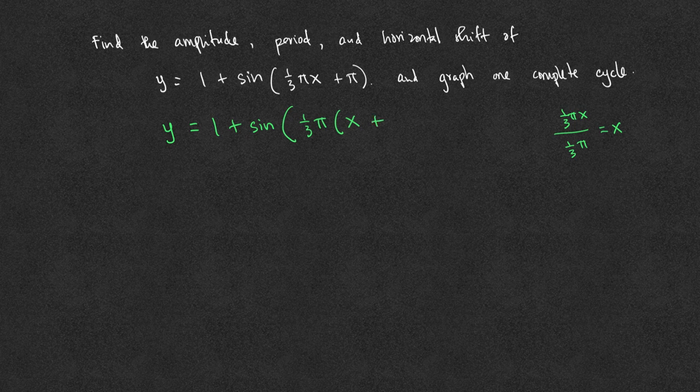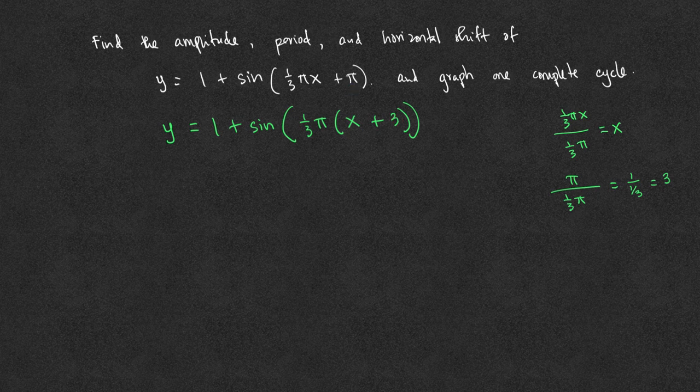Plus, if it was pi and we factor out 1/3 pi, the pi and the pi cancel out, and we end up with 1 over 1/3, which is 3, and so this is plus 3. Close the parentheses, and then close the parentheses. Make sure you double check this. 1/3 pi times x is 1/3 pi x, and 1/3 pi times 3 is pi.